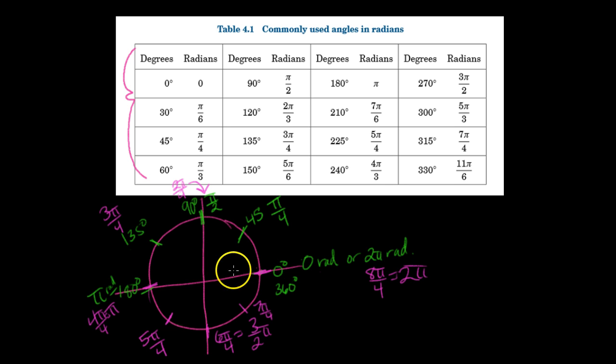You can do the same to figure out the degree equivalents. So you can go 45, 90, 135, 180. We already did that. What's 180 plus 45? That would be 225 degrees. Another 45 would be 270 degrees.